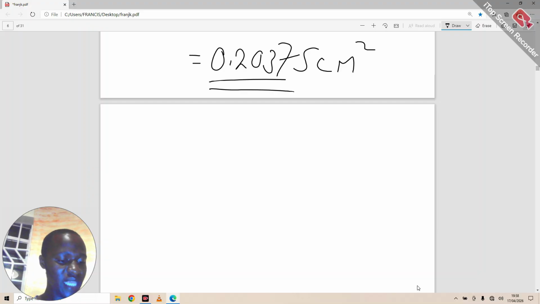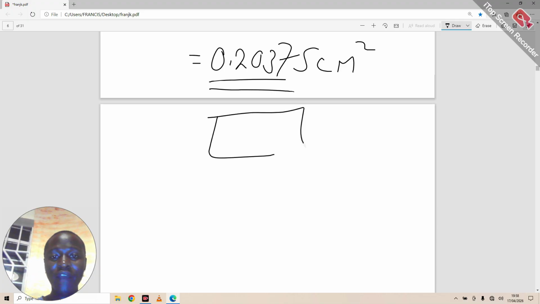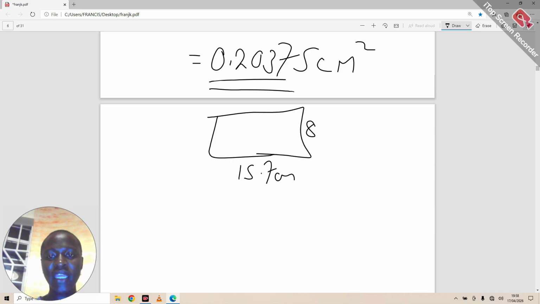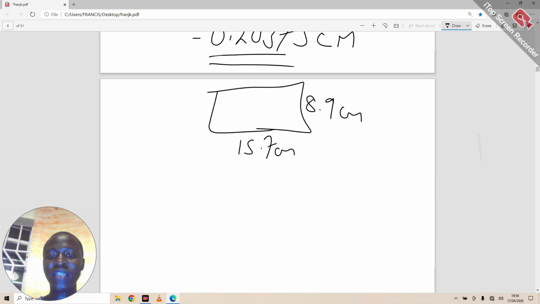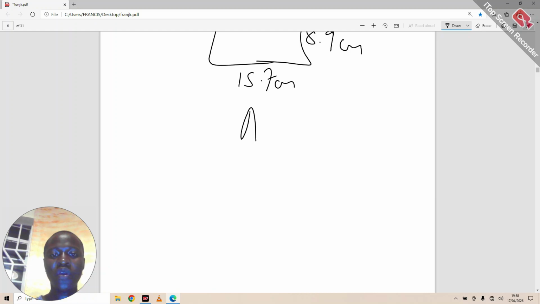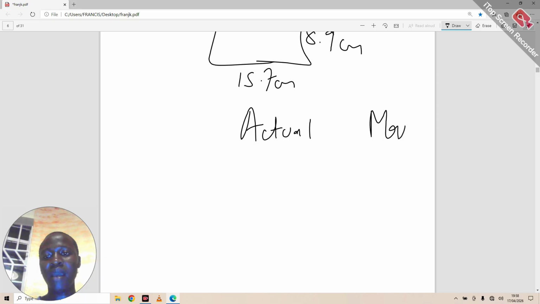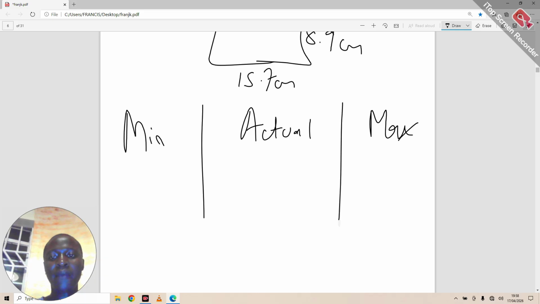Find the percentage error in the area of the rectangle. We have the rectangle there, so we have 15.7 centimeter, 8.9 centimeter. We have the actual column, the maximum column, and the minimum column.